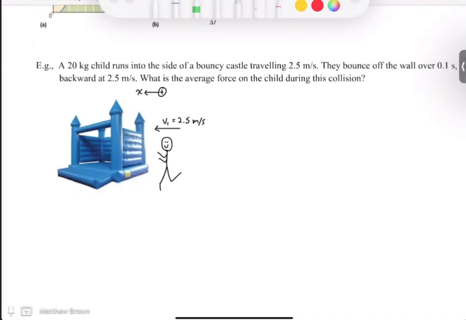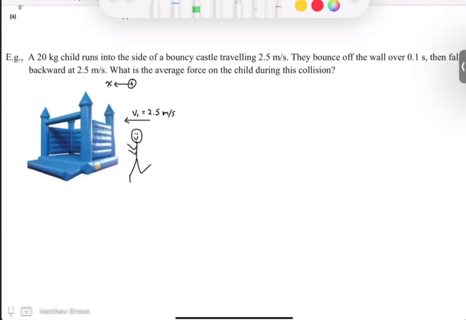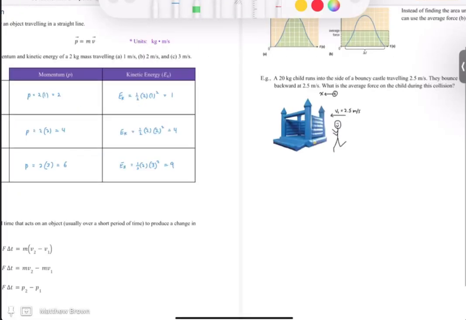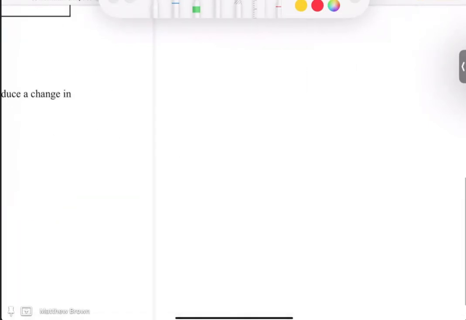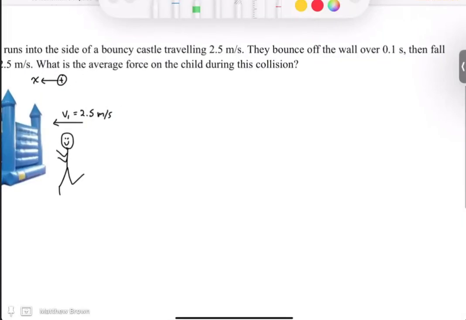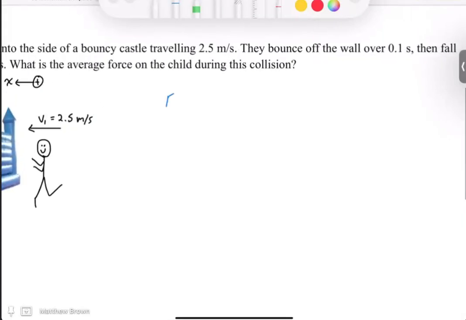For this, we really just need that one equation, that the impulse is equal to the change in momentum. Thus, we can say F delta t is equal to p2 minus p1. If we look at the information we're given here, we have everything except for the force.